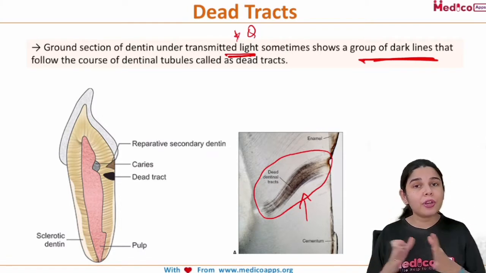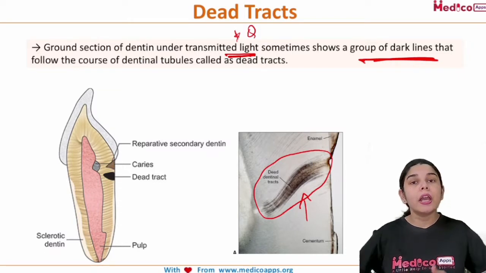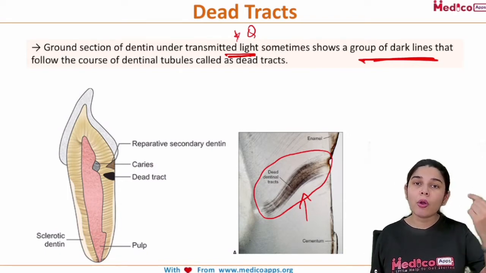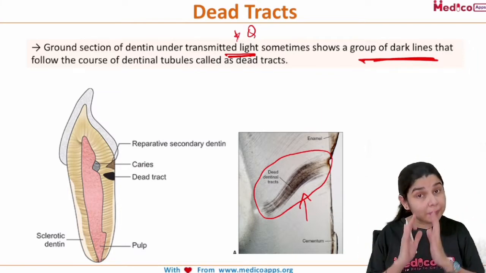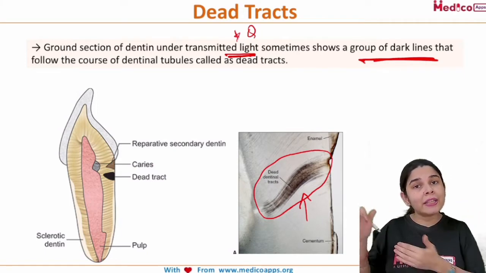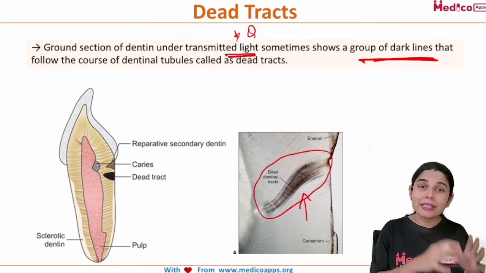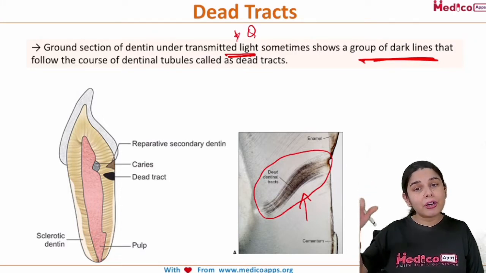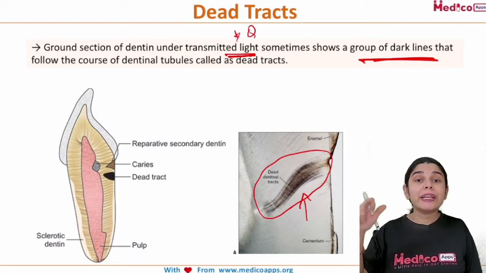Dentinal tubules are present in the dentine. They are hollow, tubule-like structures that connect the enamel and cementum to the pulp. Basically, they help in carrying sensation to the pulp. So these dark lines follow the dentinal tubules.